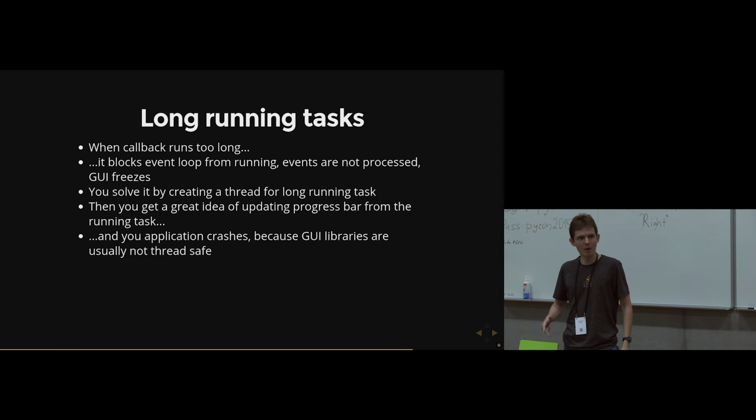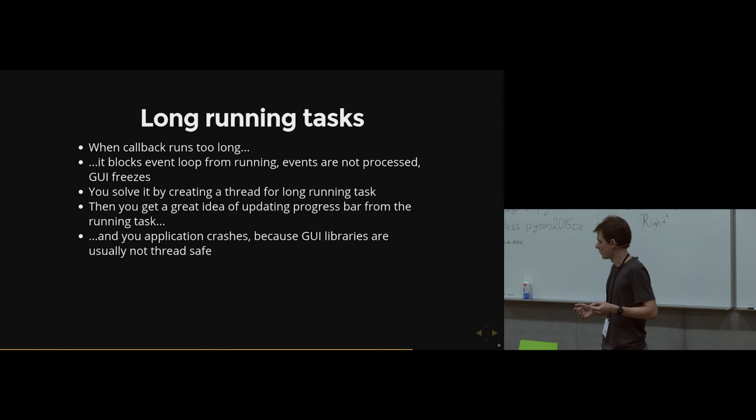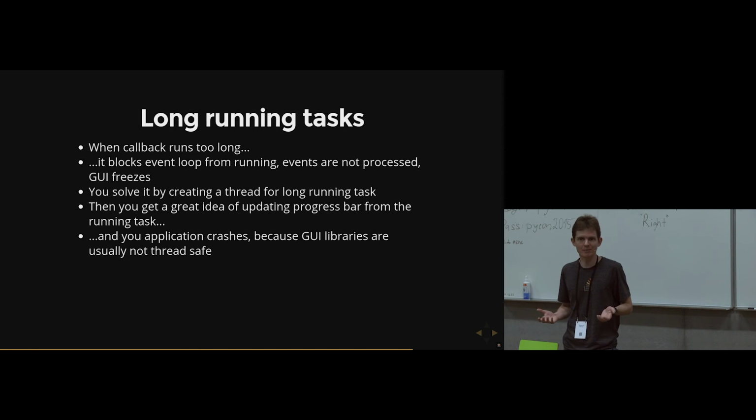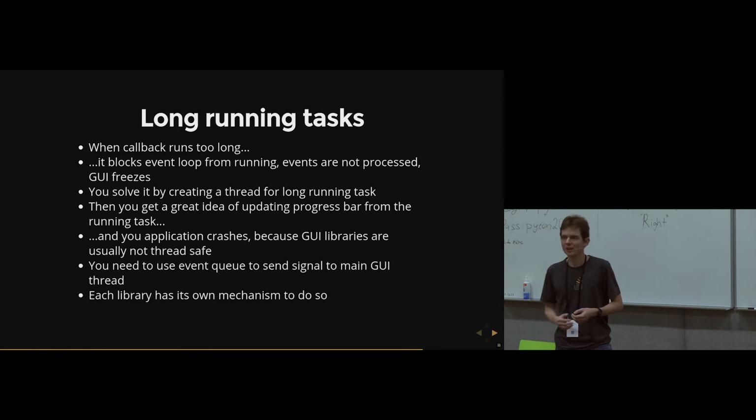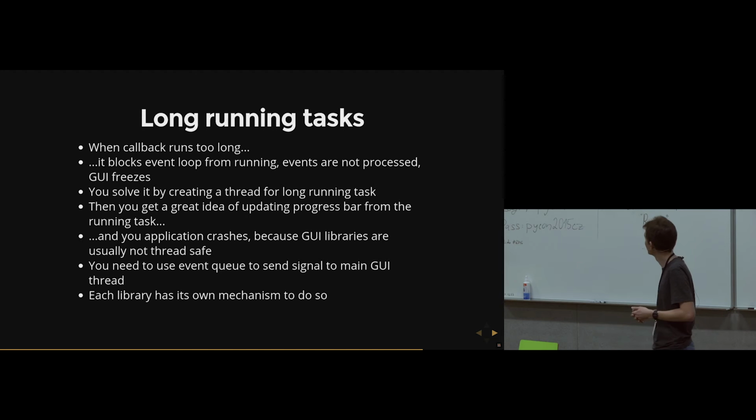So what can you do about this? You have to use some memory location or some structure which is thread safe. Do we know some? Usually, for example, in Python, we have queues, and they are thread safe. Perfect. Also, all these libraries have an event queue, which is a queue, so it's thread safe.